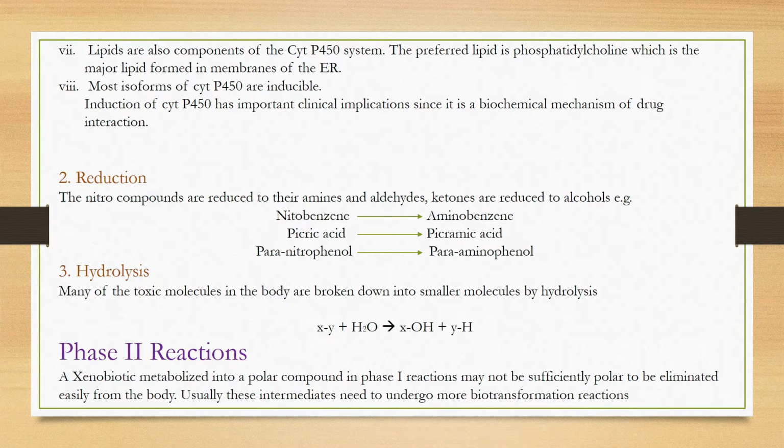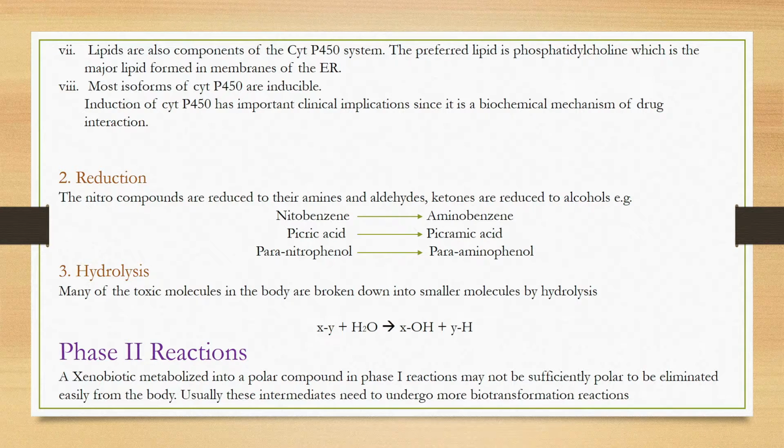Bonds such as glycoside, ester, amides, and so on are biotransformed by hydrolysis, and aspirin, the popular analgesic, is metabolized by hydrolysis also. Other examples include atropine, xylocaine, acetanilide, and procaine.